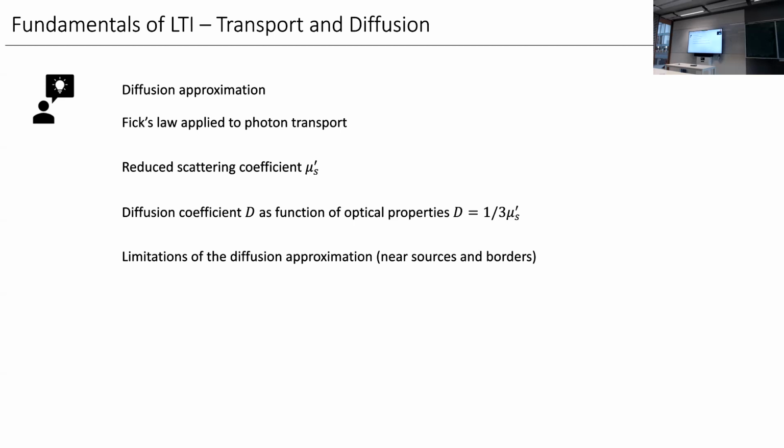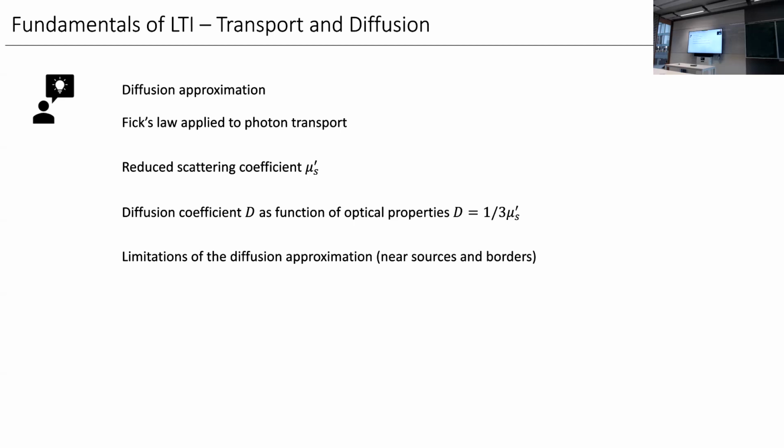So instead of a trajectory with many small steps with very small angles, where the photons will turn around eventually, you take larger steps and much larger angles, and in the end that is equivalent. The diffusion coefficient D that appears in Fick's law and in the equations is related to the reduced scattering coefficient: D is 1/3 times 1 over μs'.